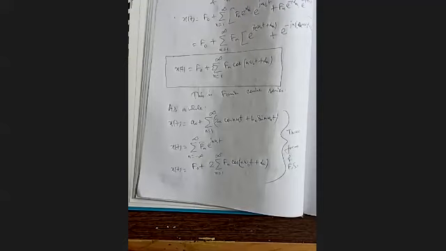To express one trigonometric term, sine theta or cos theta, we need e to the power j theta and e to the power minus j theta to get sine theta and cos theta terms.